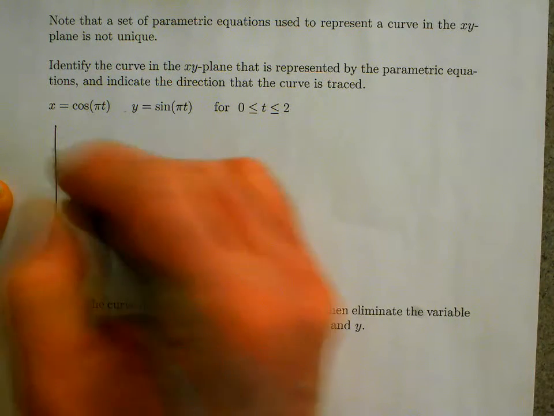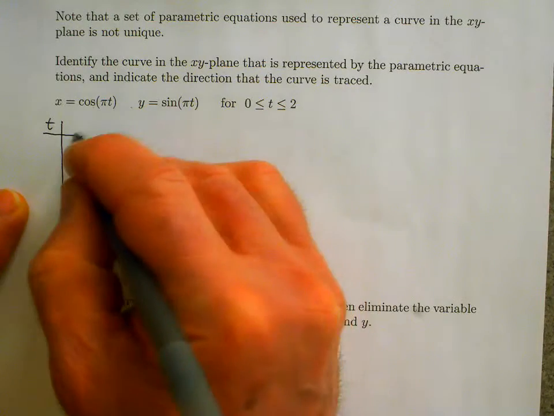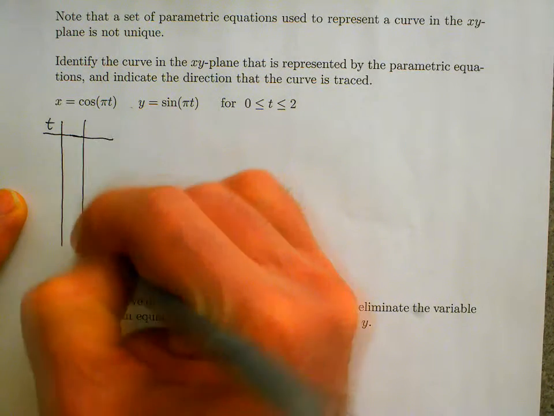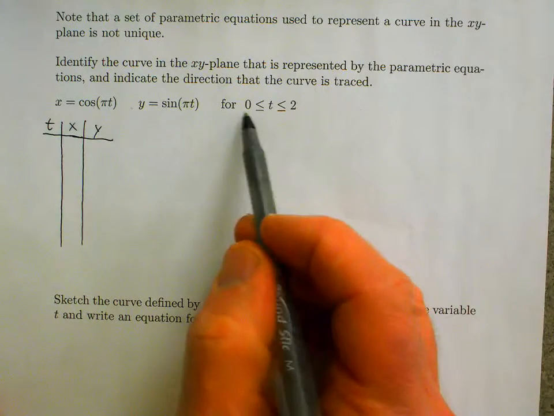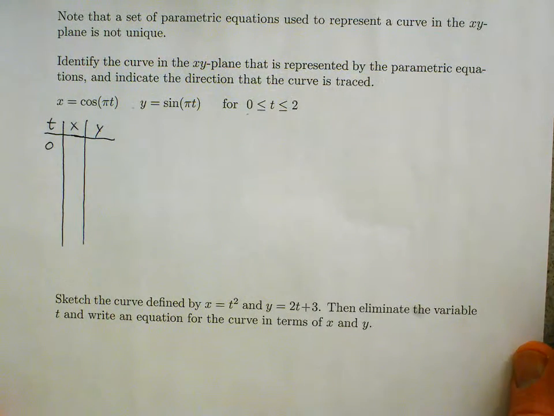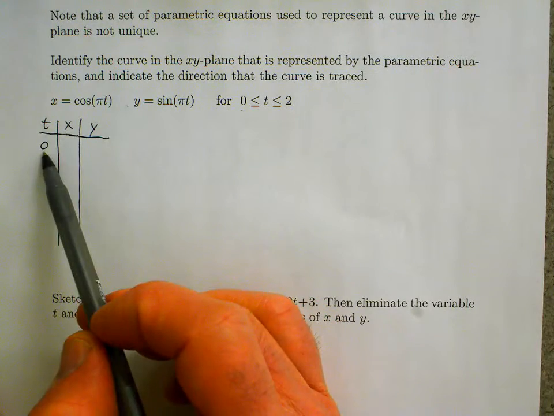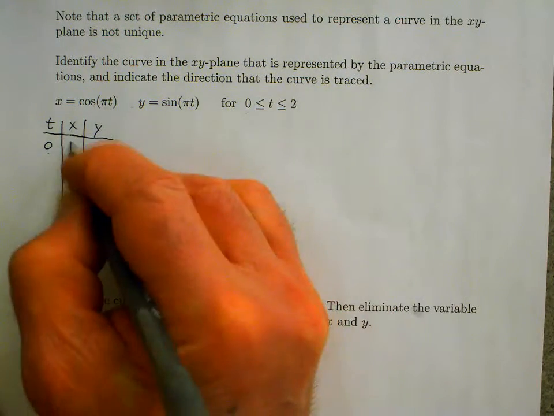Okay, we'll list a few of the ordered pairs that correspond to t values. So starting with t equals 0, when t is 0, x is cosine of 0, which is 1.